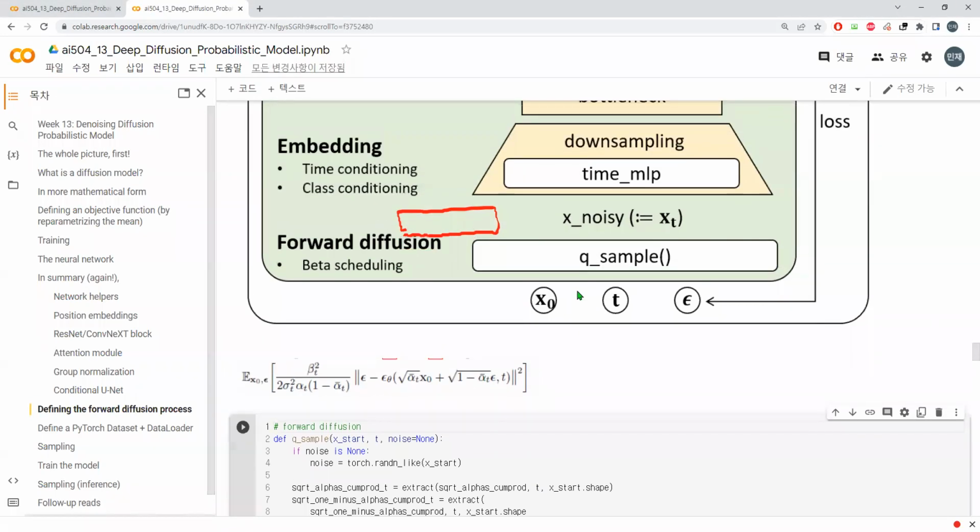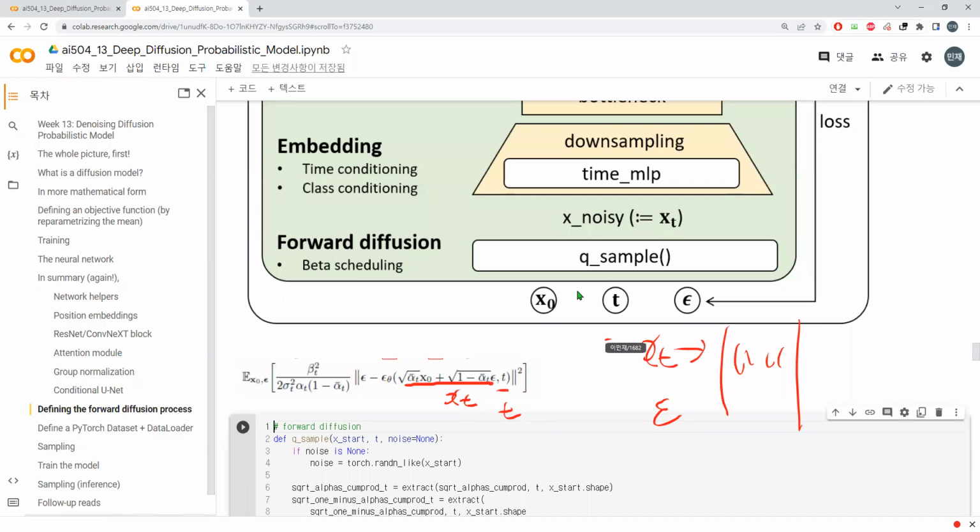Because our U-Net's inputs are basically xt and t. What? Xt and epsilon. So this means xt and this means t.